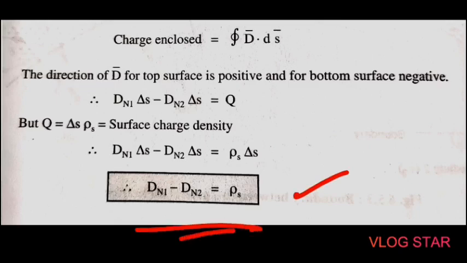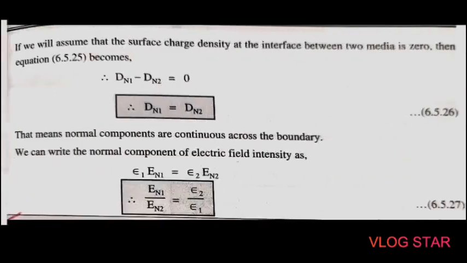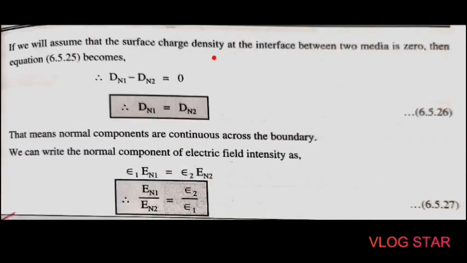Okay, so here if we assume that the surface charge density at the interface between two media is 0, then the equation becomes Dn1 minus Dn2 is equal to 0. Then we can write Dn1 is equal to Dn2. That means the normal components are continuous across the boundary.